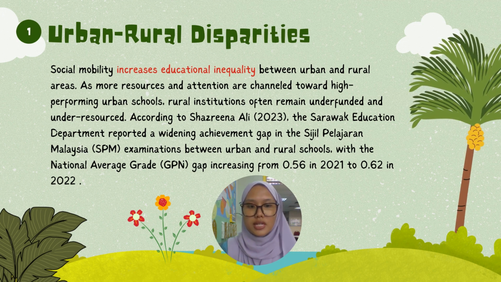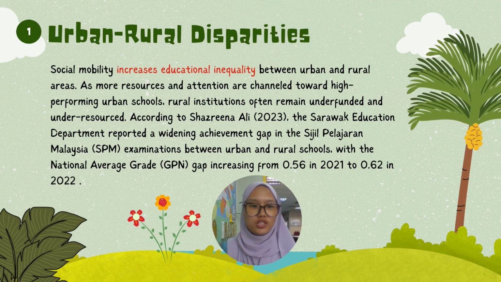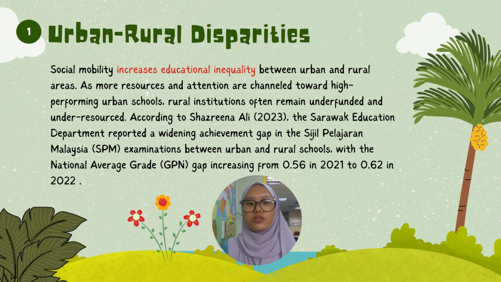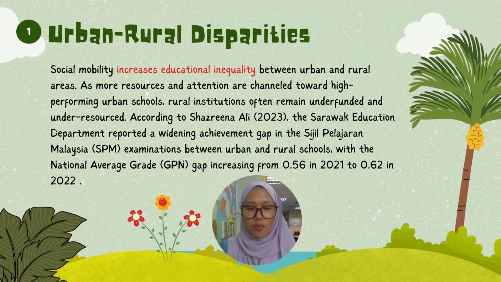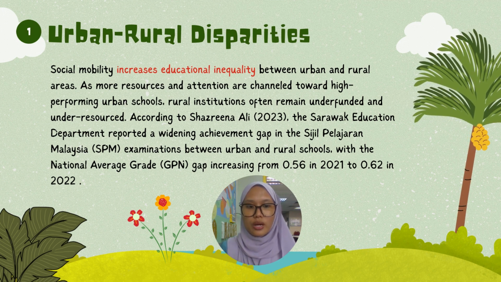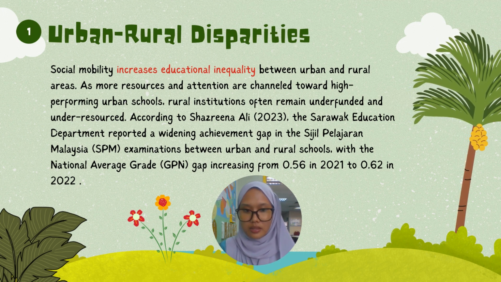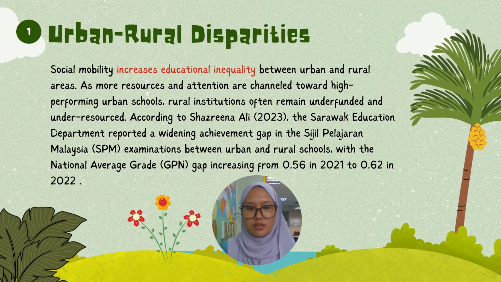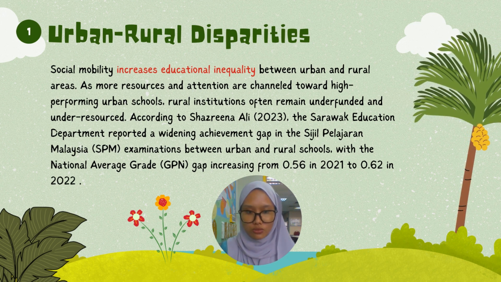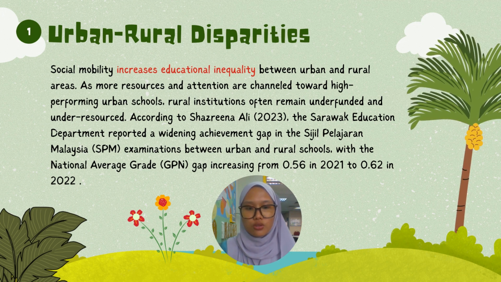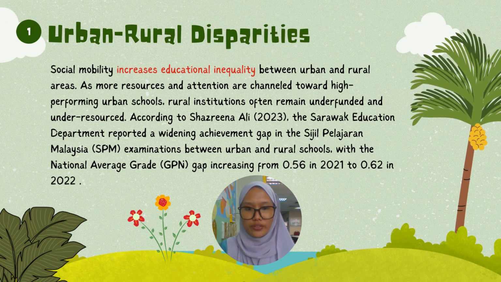Many rural schools lack adequate infrastructure, digital access, and qualified teachers. In contrast, urban schools benefit from better funding, extracurricular offerings, and often more engaged parents due to higher levels of socioeconomic stability. Furthermore, the pressure to improve national performance statistics may cause authorities to prioritize urban schools that are more likely to produce top scorers, inadvertently sidelining those in need of greater support.